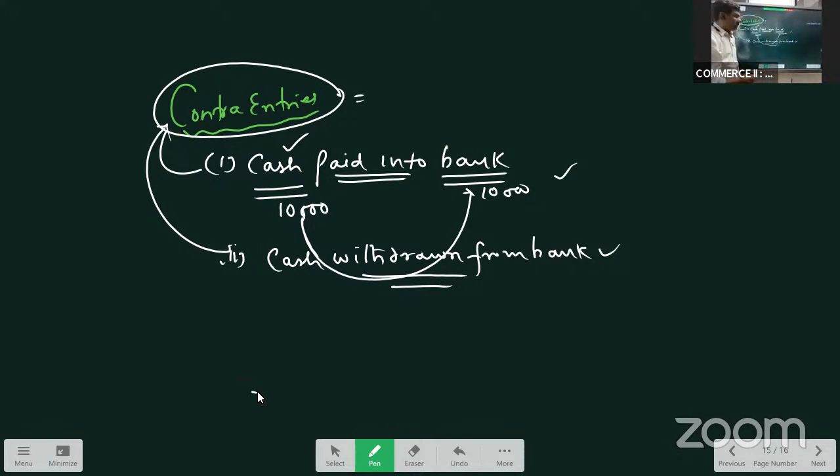I repeat, what is a contra entry? Contra entry is one which appears both on the debit side and credit side of a 3-column cash book. Example, cash paid into bank and cash withdrawn from bank. These two are contra entries.